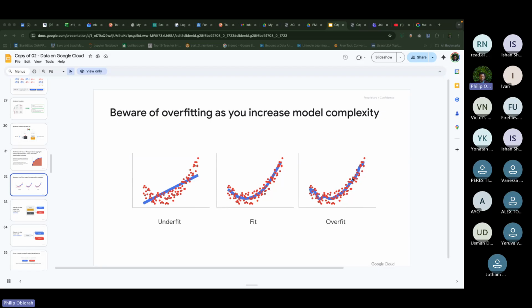But it's like memorizing the data points instead of understanding the pattern, which is very wrong and would not be good when you start testing with new data. So you want to strike a balance between underfitting and overfitting.